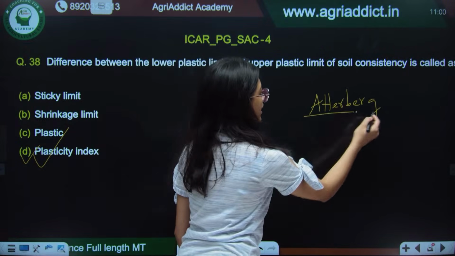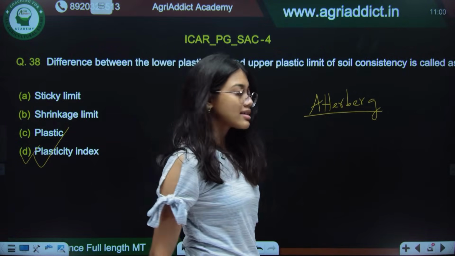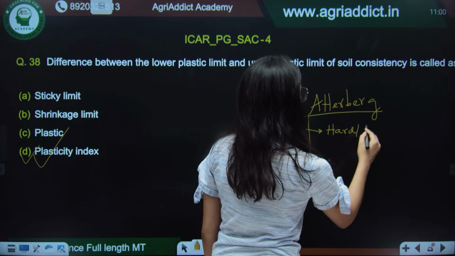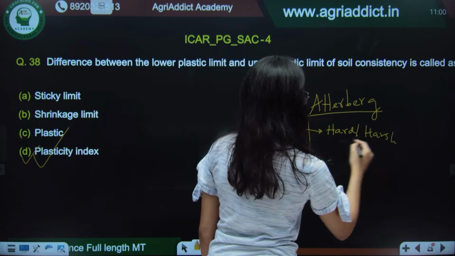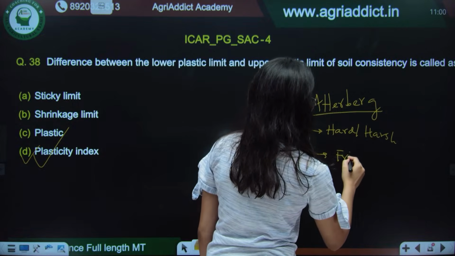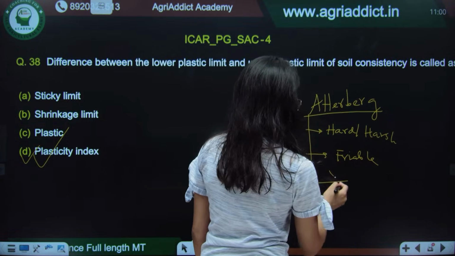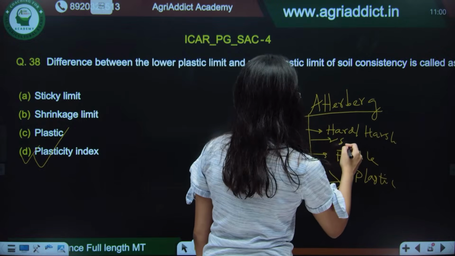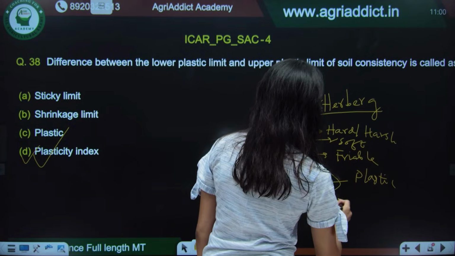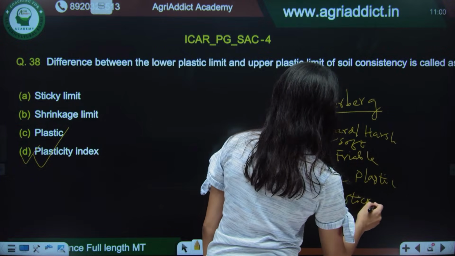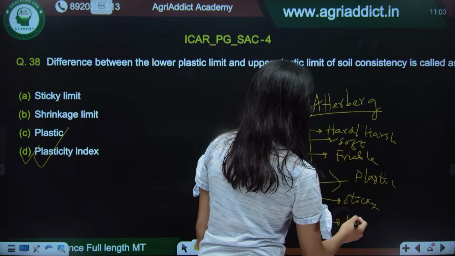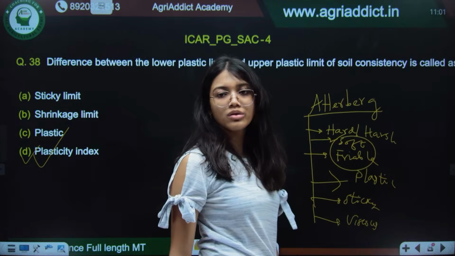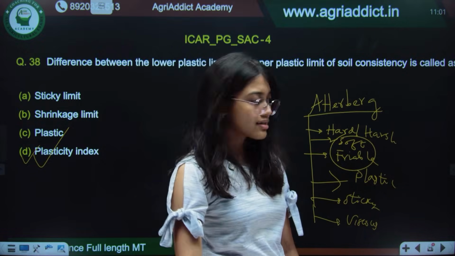Now, Atterberg gave his soil consistency limits, and we have hard or harsh, then friable, then plastic, hard, then soft is there, friable, plastic, sticky consistency, viscous consistency. So, in many books, soft or friable is written together, in many books it is written separately.